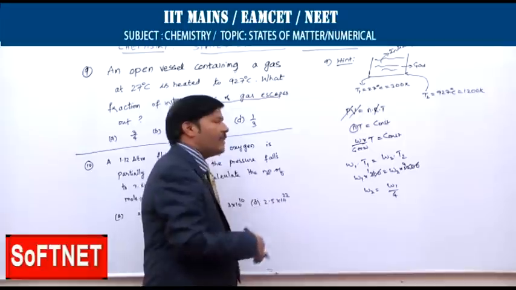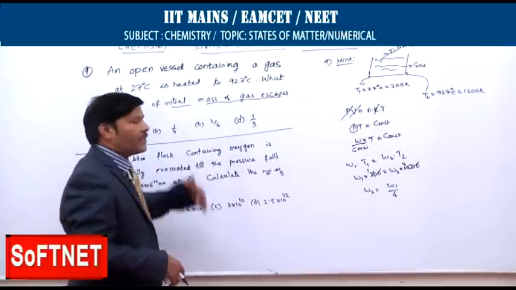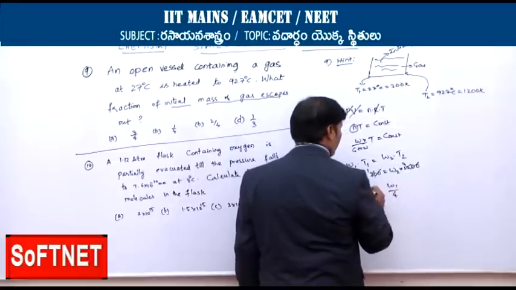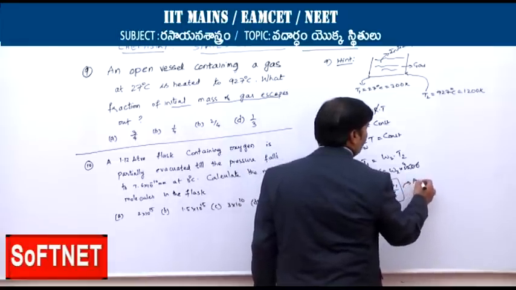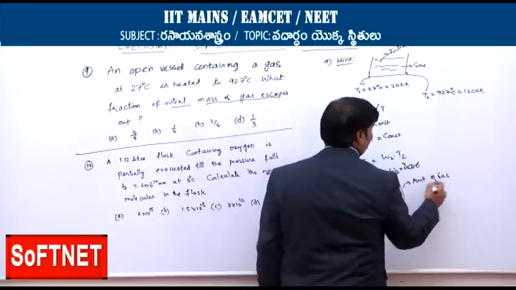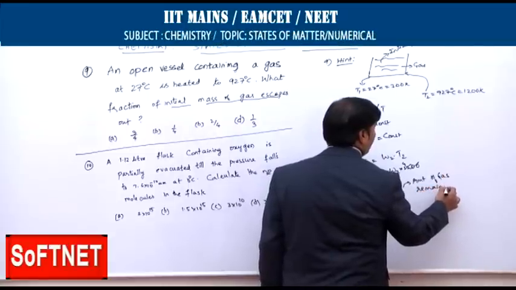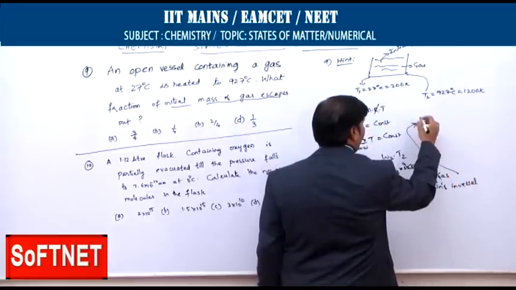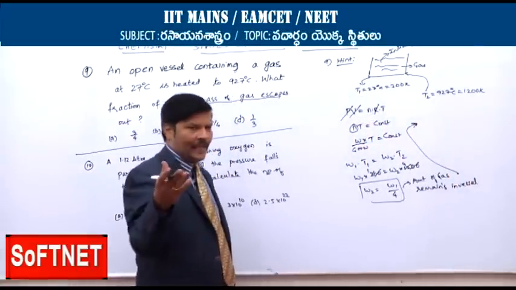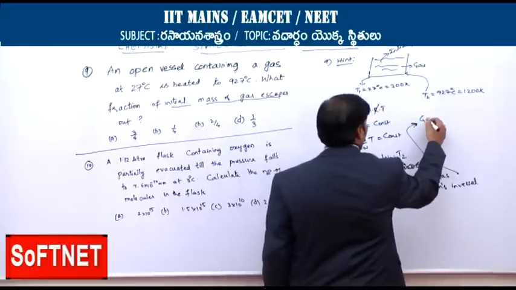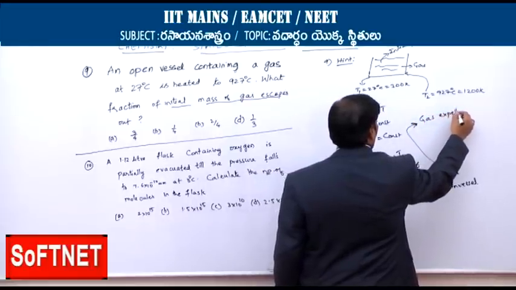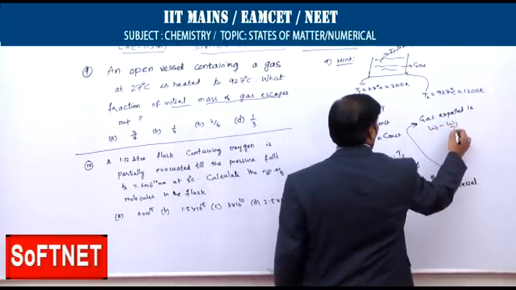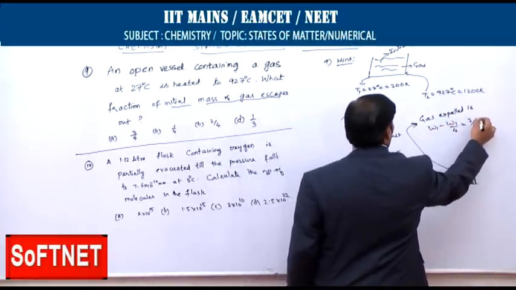W1 by 4 is the gas which is remaining in the vessel. But he is asking how much gas has been expelled out. Escaping is nothing but being expelled. So the gas expelled is W1 minus W1 by 4, which is equal to 3 by 4 of W1.